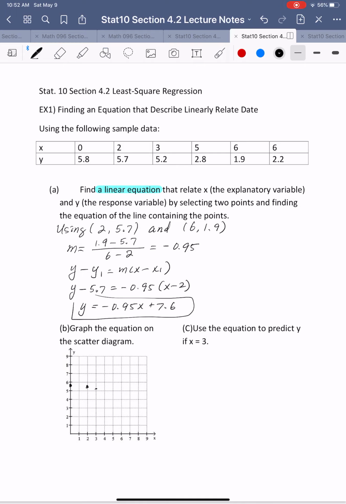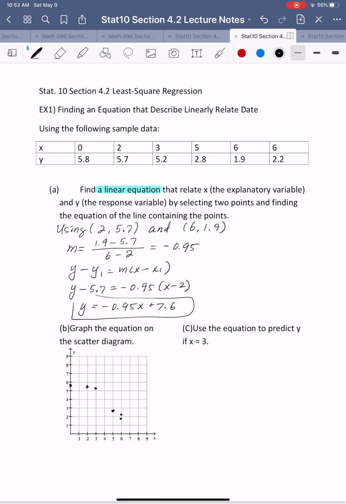And then 5 is 2.8, and then 6 is 1.9, and another 6 is 2.2. Okay, so about here. So I just plotted these in. This is actually the scatter plot from the table.